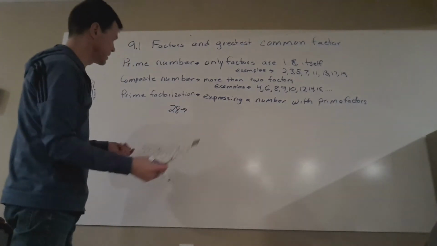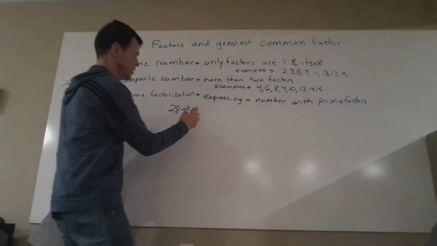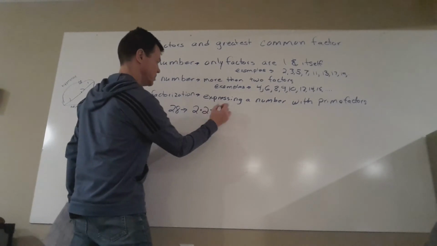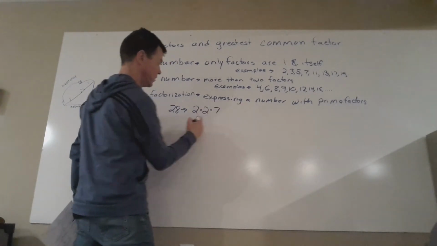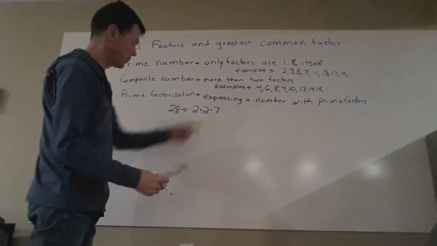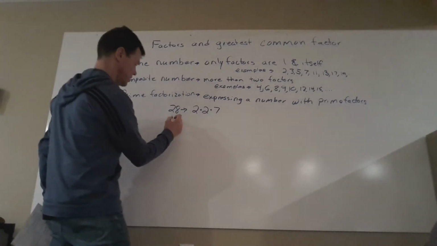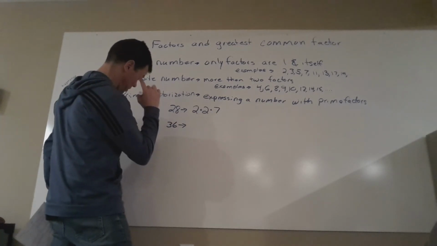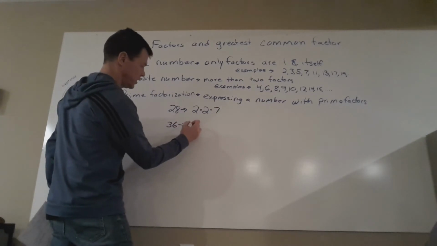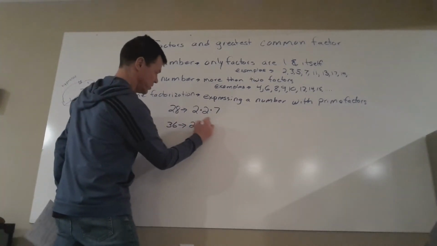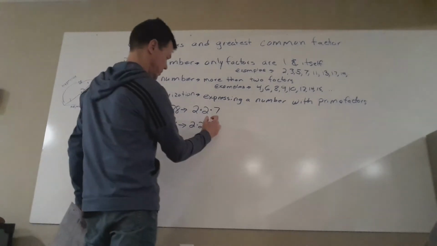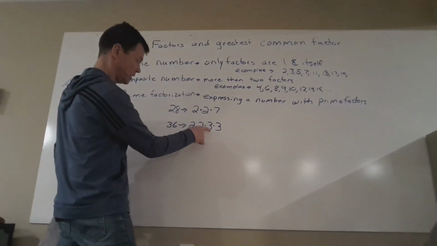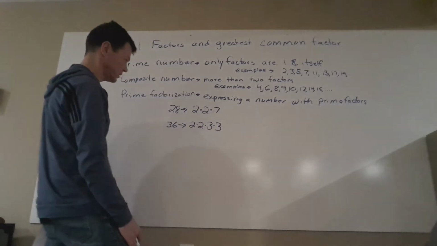If I were to write this in prime numbers, you're looking at 2 times 2 times 7. 2 times 2 is 4, 4 times 7 is 28. Another one, let's look at 36. You're looking at 2 times 2 times 3 times 3. 2 times 2 is 4, times 3 is 12, 12 times 3 is 36.